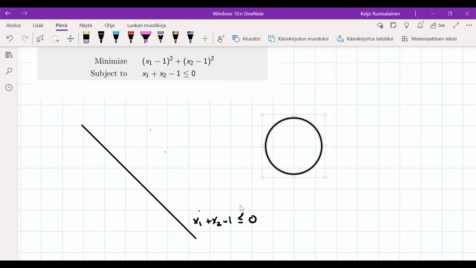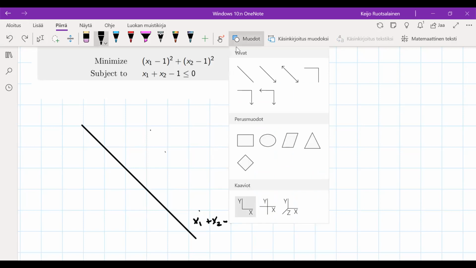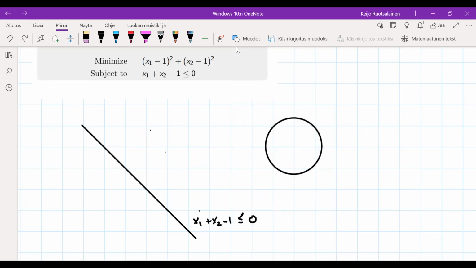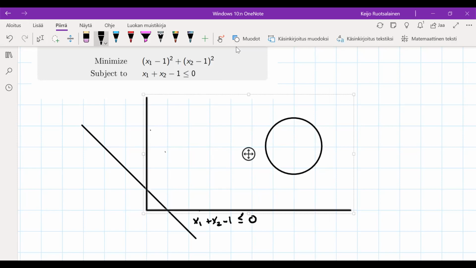So here we have the x1 coordinate and x2 coordinate.